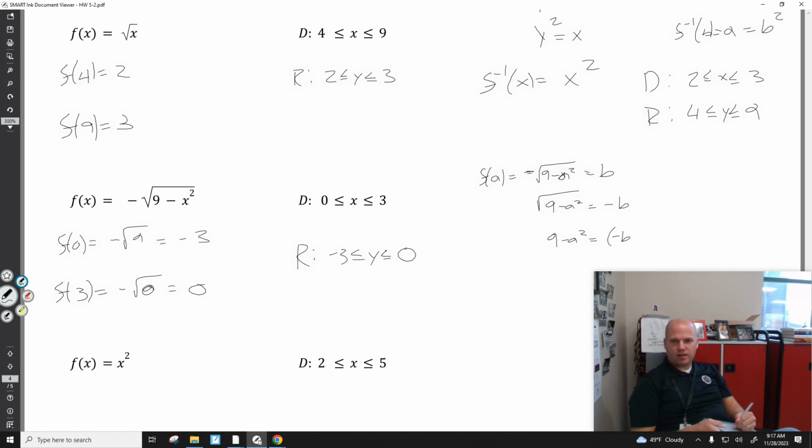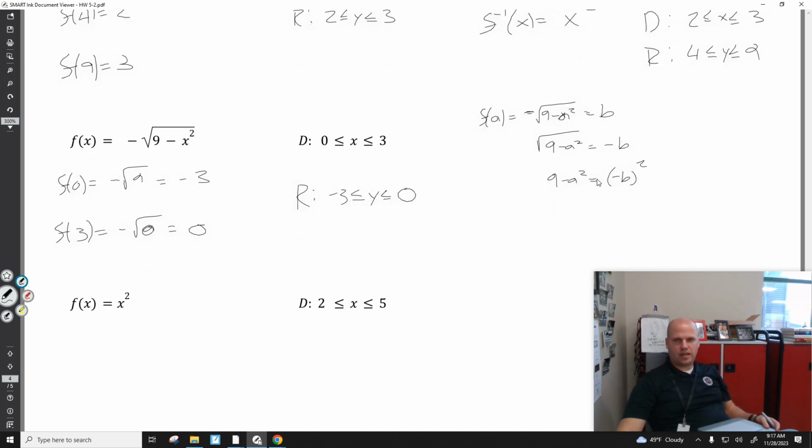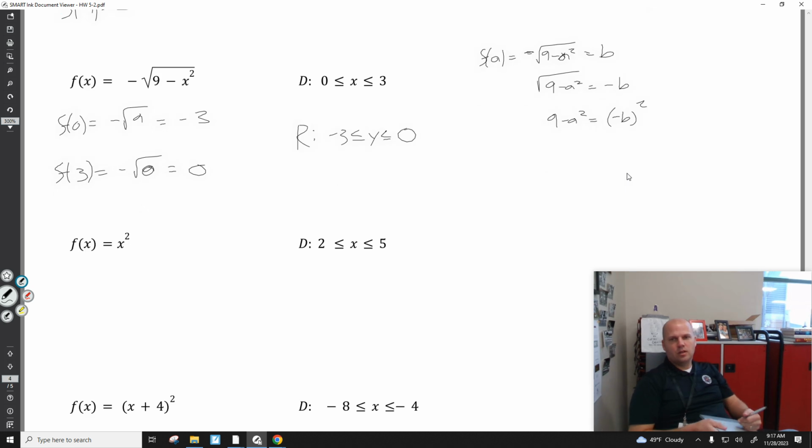If I put negative b squared, this is the exact same as b squared. You can take the negative 1 and square it and the b and square it. So maybe we want to say this is b squared. I'm going to subtract 9. I will then take the opposite of both sides.